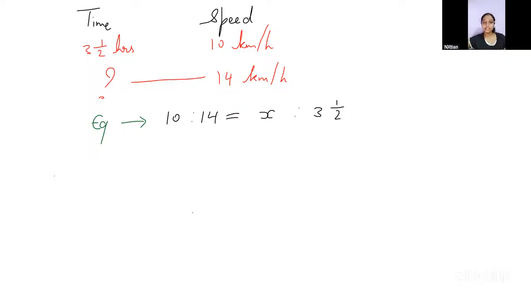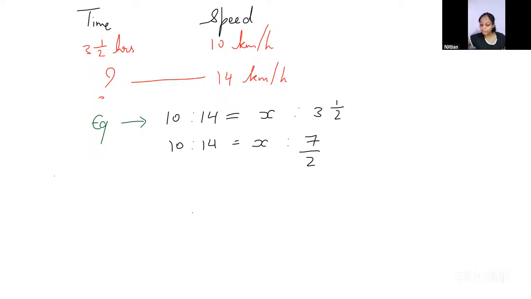What you can do is convert 3.5 into an improper fraction. 10 is to 14 is equal to x is to 3 times 2 is 6, plus 1, 7 upon 2. Or you can use 3.5. Both 3.5 and 7 upon 2 will do.